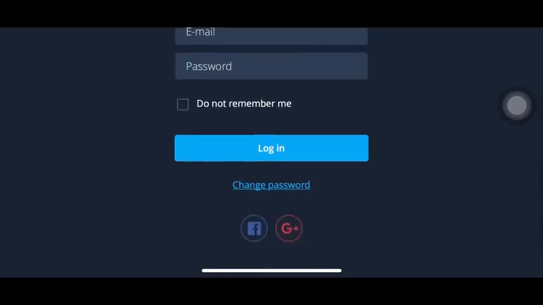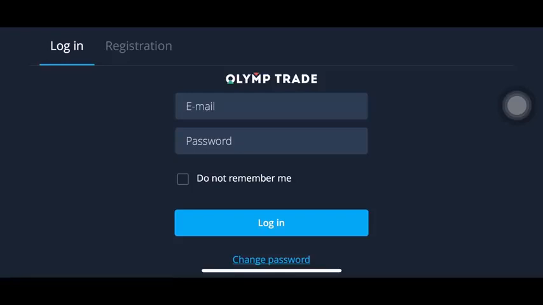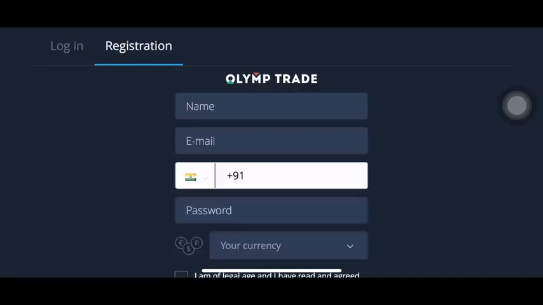This is the Olymp Trade login page, which is precisely for the people who are already registered. But here we are talking about new registration. So how you are going to do it, let's see.